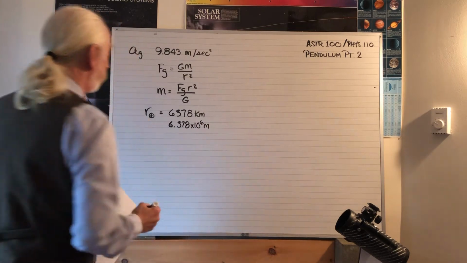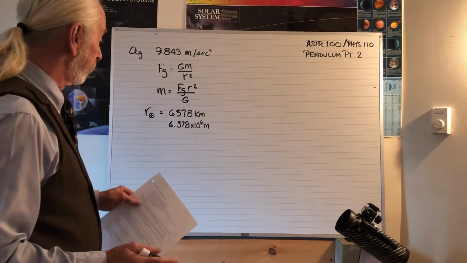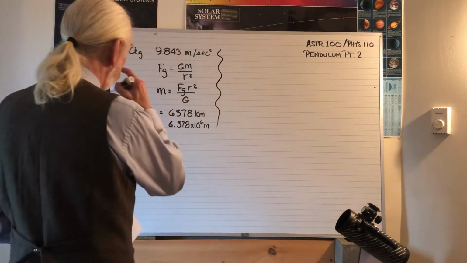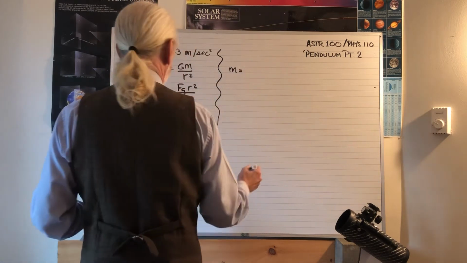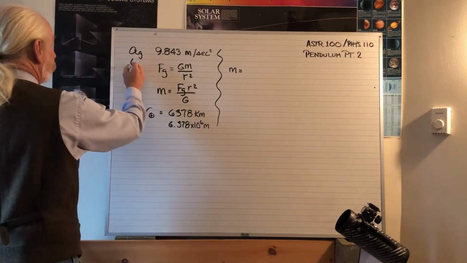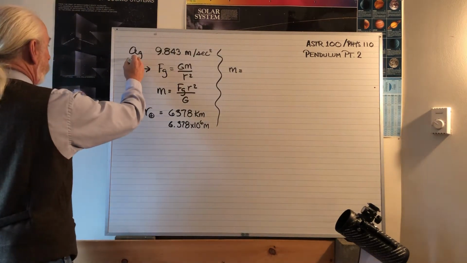So now we have all our pieces and parts. The only thing we need to do now is just plug them into the formula. So here we go. M will equal force of gravity, which is numerically, in this case, this is our cheat, going to be equal to our acceleration numerically.